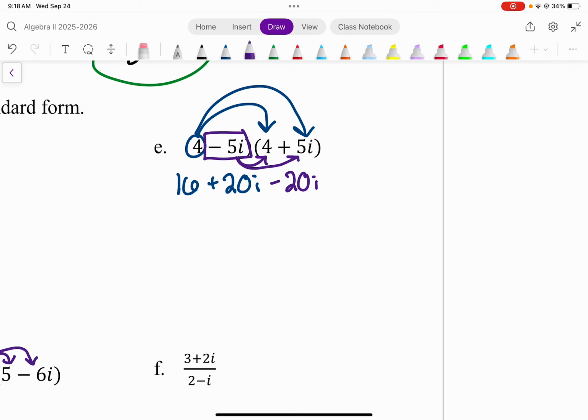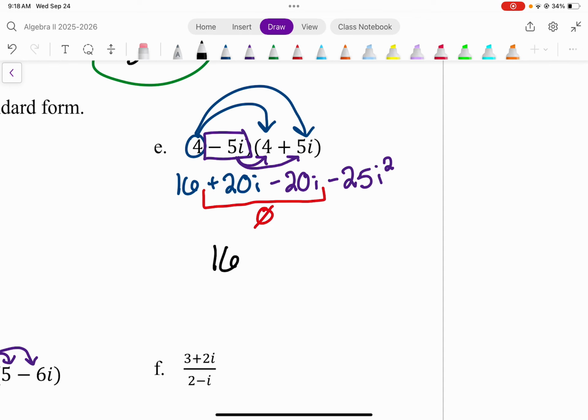So we're going to start by multiplying together the real parts. Negative 5 times 5. That will give us negative 25. And i times i is i squared. For this one, we end up with positive 20i minus 20i equaling 0. So those two middle terms cancel each other out to equal 0.